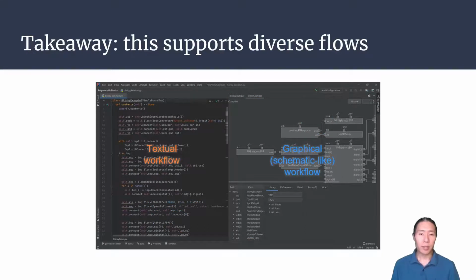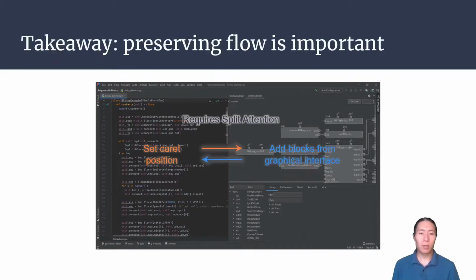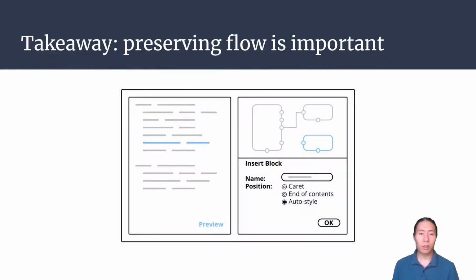Our main takeaway is that hybrid graphical and textual interfaces provide something for everyone and can effectively support diverse workflows. Furthermore, consistent with prior work, the simplest tools also tend to be the most widely applicable and used. Here, the block diagram visualizer and library browser. An important lesson from feedback on caret-based editing is the need to preserve flow instead of forcing users to jump between positioning the caret and actions on the graphical interface.